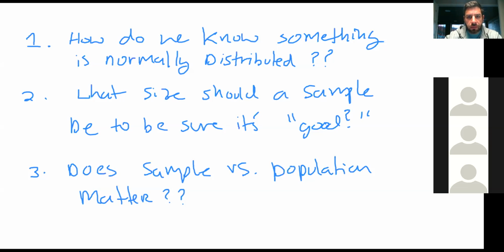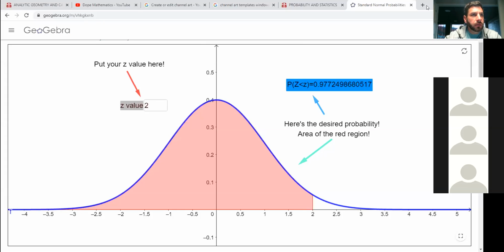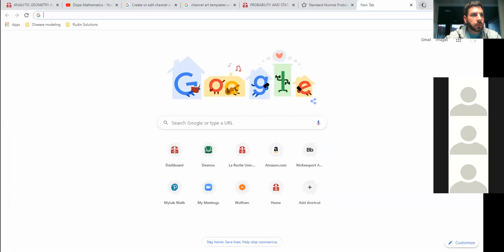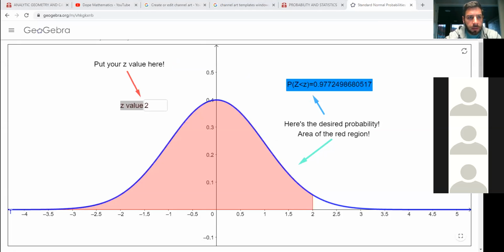We used this website called Wolfram Alpha, which I'll show you again. So hopefully you guys see Google right now. So if I go to Wolfram, oh, it's not showing anything. Sorry.